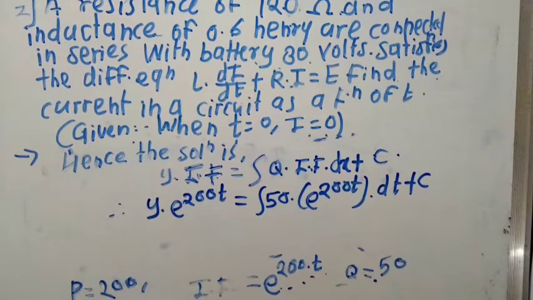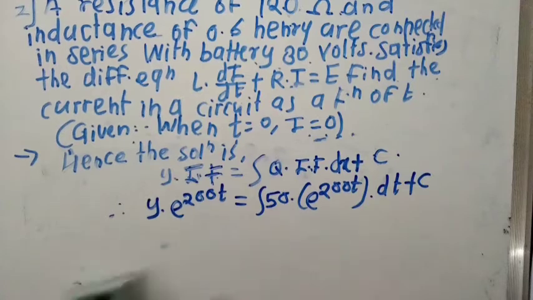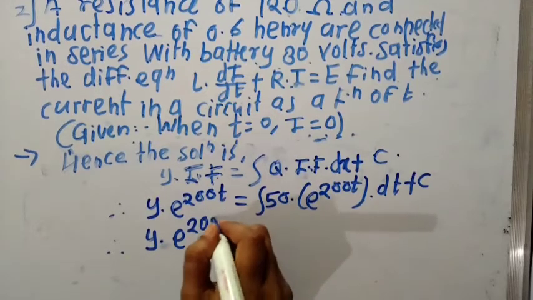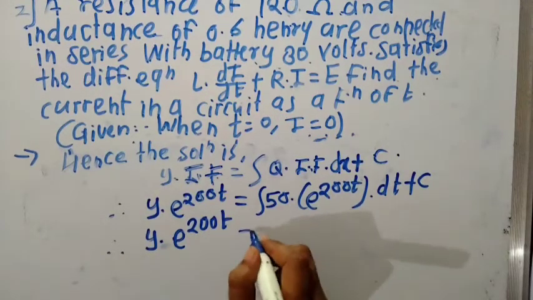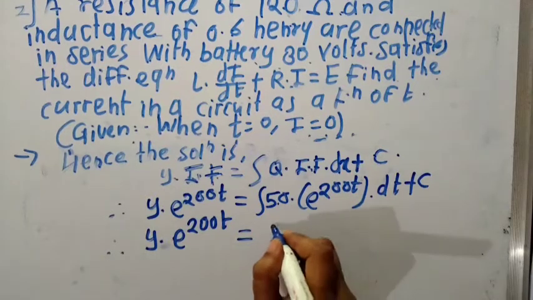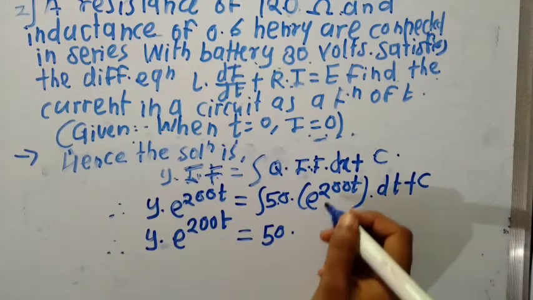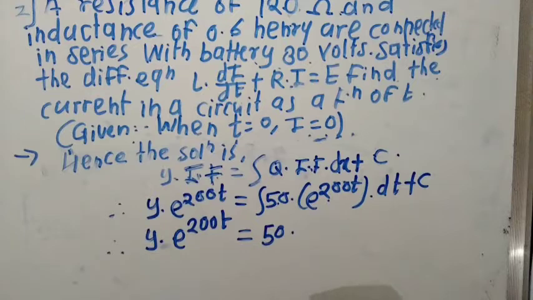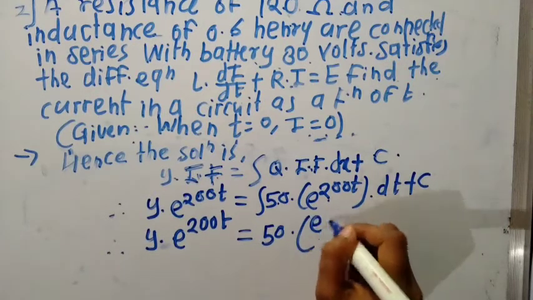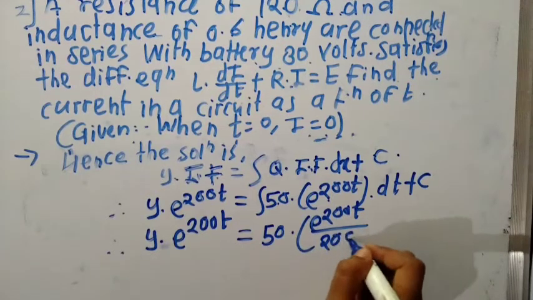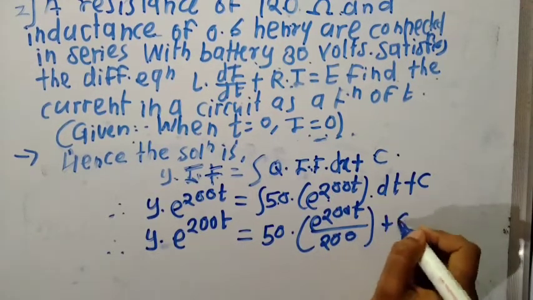Hence I into e raised to 200 t is equal to 50 into integration of e raised to 200 t, which is e raised to 200 t divided by 200, plus c.